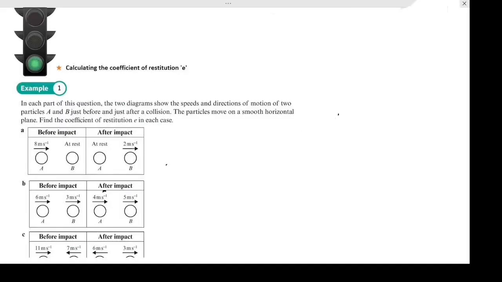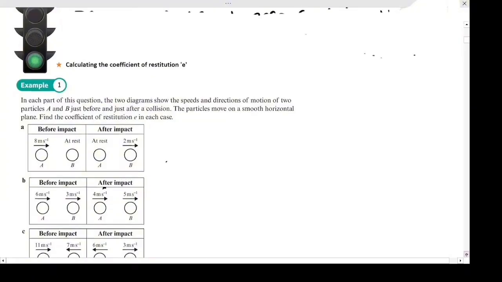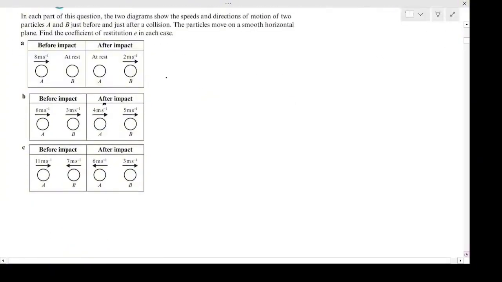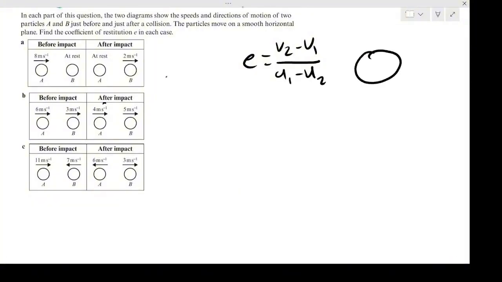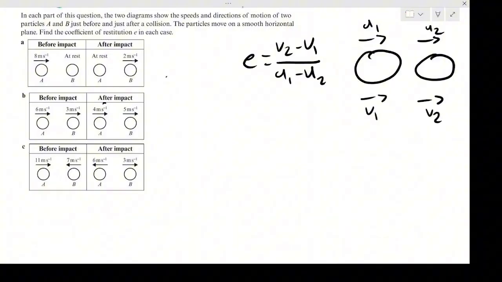Now we're going to look at some examples of calculating this E, the coefficient of restitution. Again, remember that we said that E was V2 take away V1 over U1 take away U2, okay? And that's when we have two balls like this, speeds U1, U2, and then V1 and V2, okay? So we're going to apply this to these three examples here.